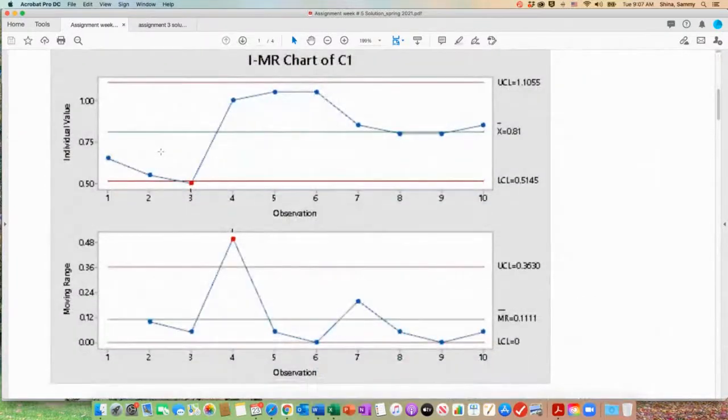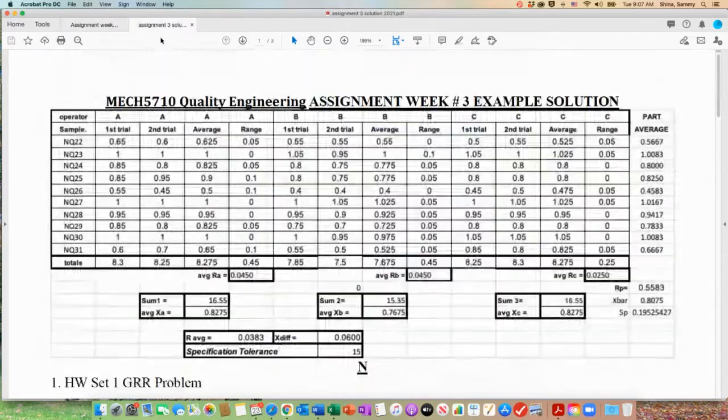So I'm going to try to show you how to solve these problems with Minitab. We've already solved them before using mathematical methods and formulas. Now we're going to solve them using the software, which would make it much easier.